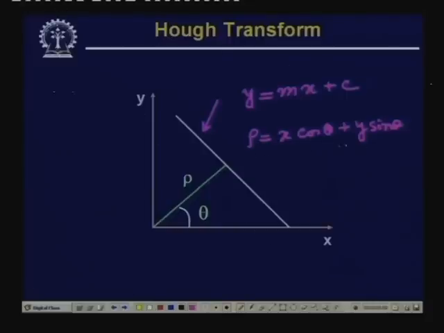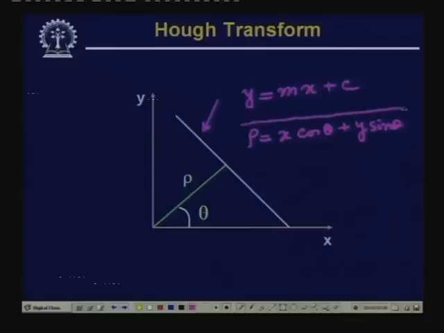So, you find that the parameters of the straight line, which is defined in this normal form, rho is equal to x cosine theta plus y sin theta, are rho, which is the length of the perpendicular drawn from the origin to the given straight line, and theta, which is the angle formed by this perpendicular with the x axis.